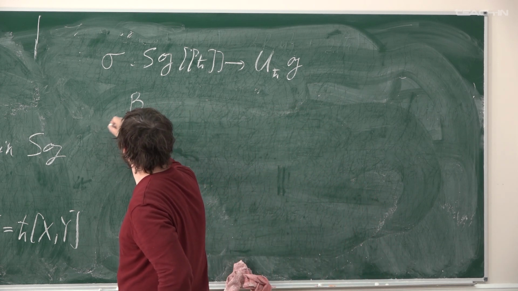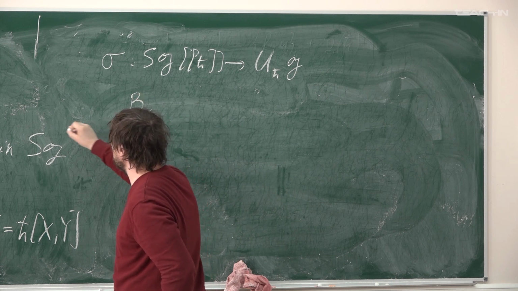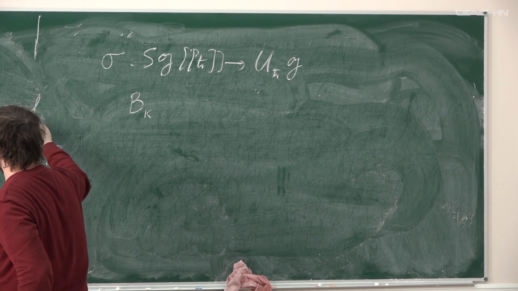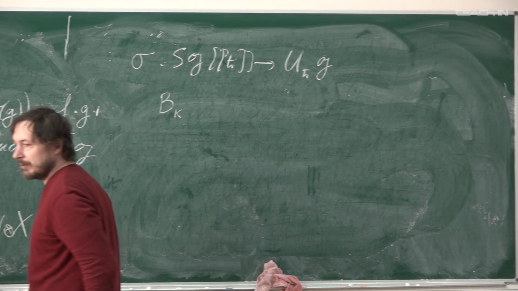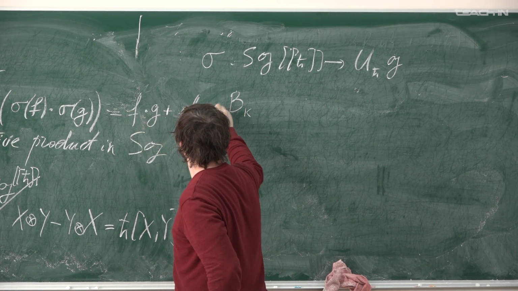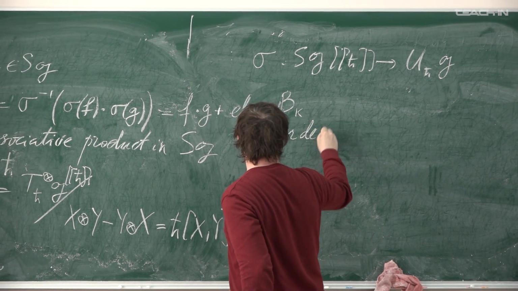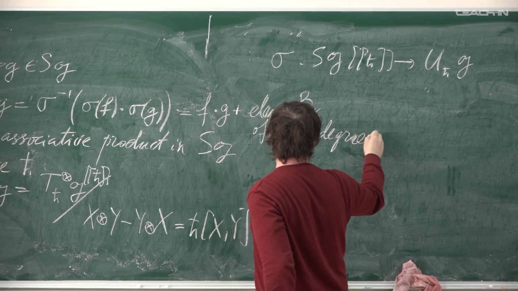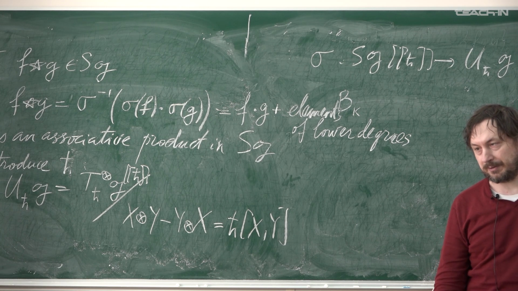It is easy to see that the star product of this form always begins with f times g in the usual sense, plus some elements of lower degrees. This actually follows from the proof of the Poincare-Birkhoff-Witt theorem.